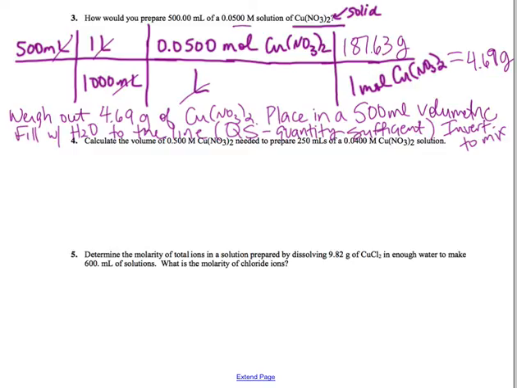Calculate the volume of 0.5 molar copper 2 nitrate needed to prepare 250 mils of a 0.04 molar copper 2 nitrate solution. Here's 250 mils. What's different about this problem, though? We have two solutions, but what are we doing? Let's look at the concentrations.